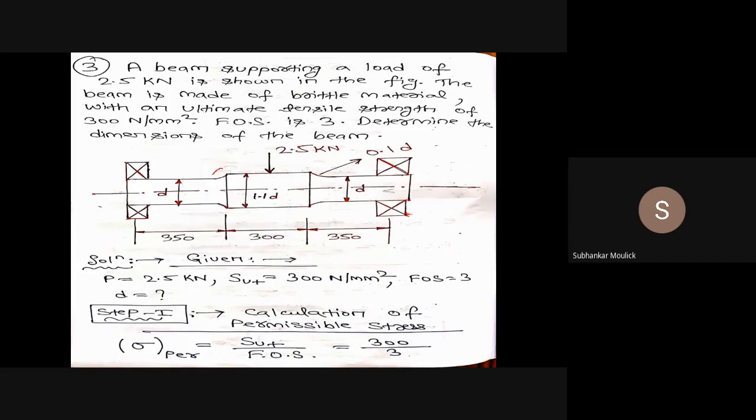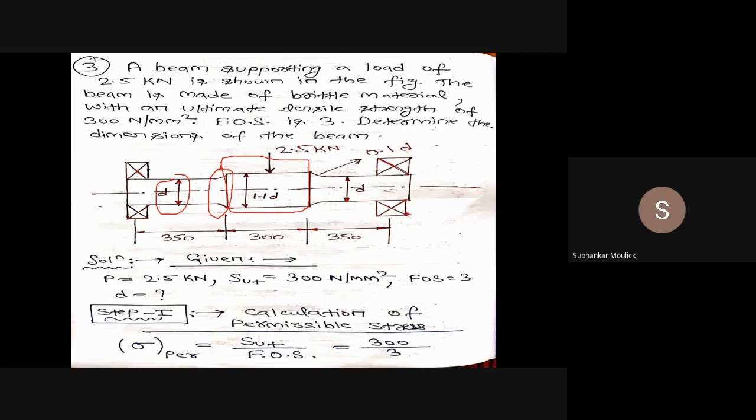In this structure, abrupt cross section is in this particular D diameter cross section. This is the middle section of the beam. In the middle section of the beam, neither there is a cut, nor there is a hole, neither there is a notch, nor there is any kind of screw thread. So there will be no stress concentration.